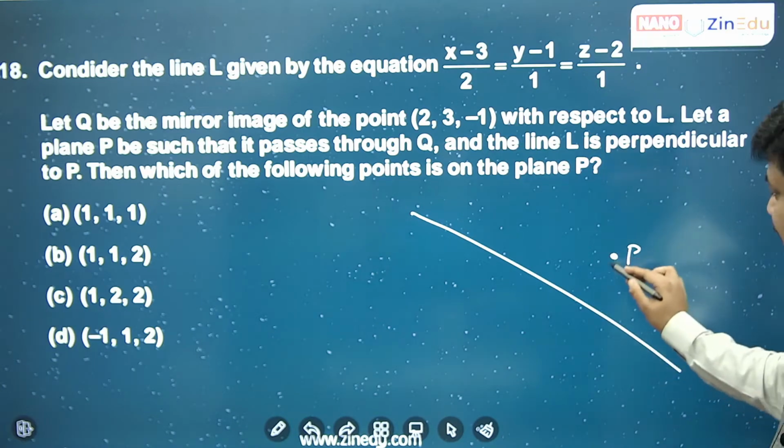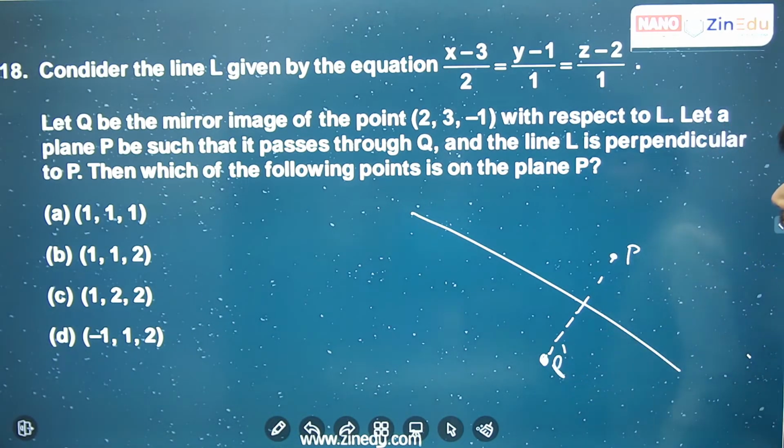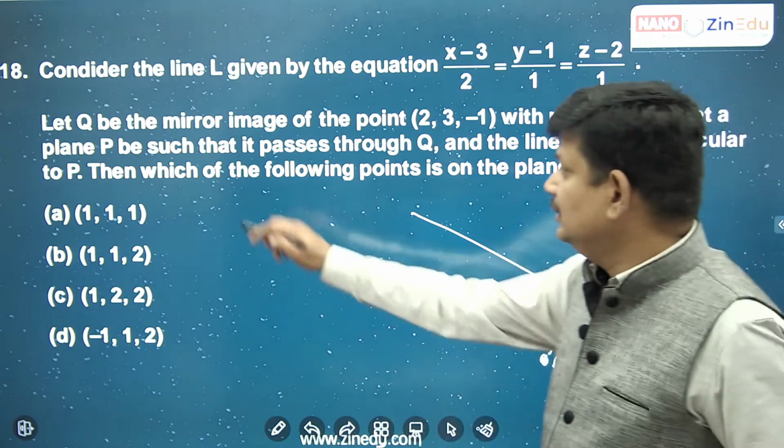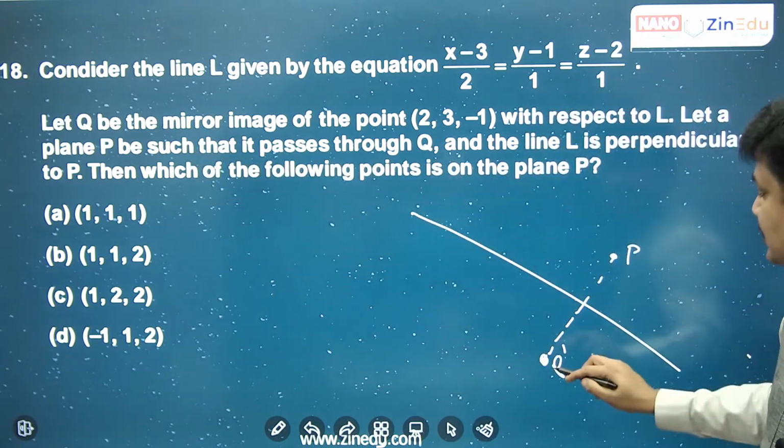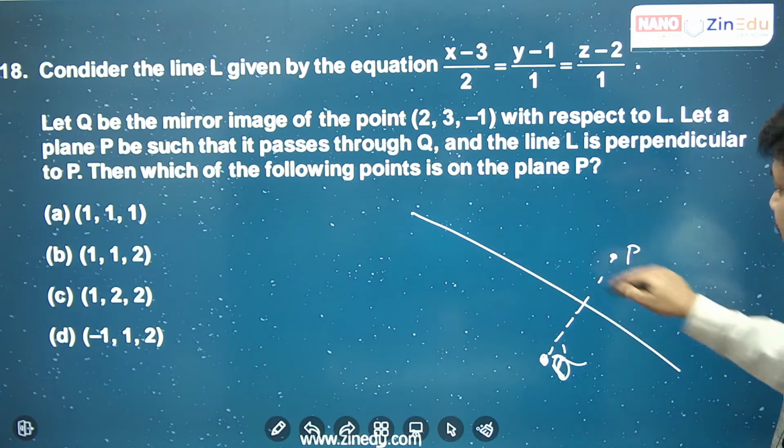He wants you to find the image of this point with respect to this line, P dash, and draw a plane passing through this image Q and perpendicular to the line.